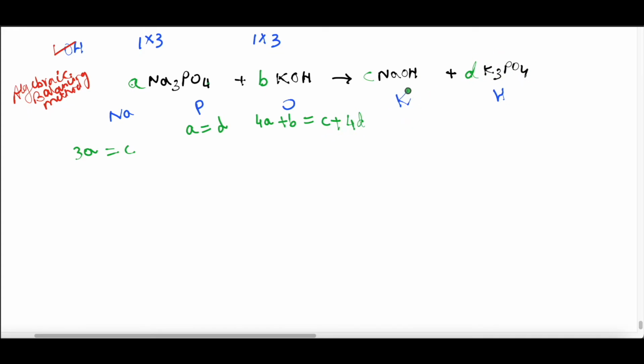Now move on to the next element, that is potassium. So we have 1B, so B is equal to 3D. And finally for hydrogen we have B is equal to 1 times C, that is C, and that's it.